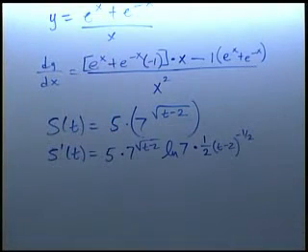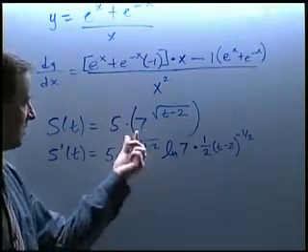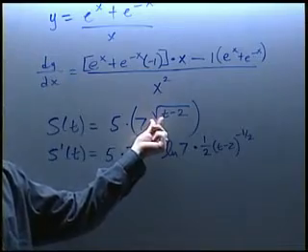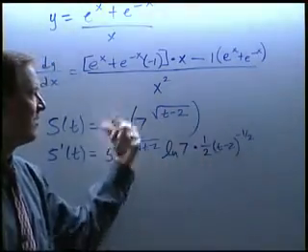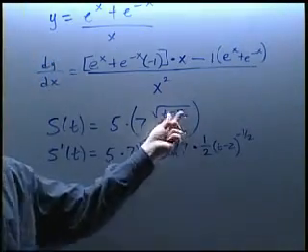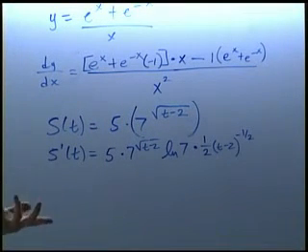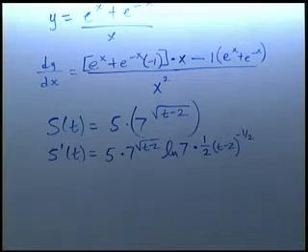Exactly. Now, this one actually goes one more layer deep, because I've taken care of the 7 and the square root derivative. Now I've got to look inside the square root. Does that also have a derivative? Yes, it does. It happens to be a 1.